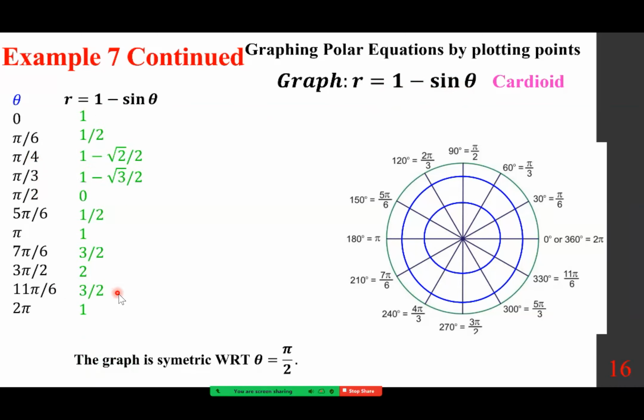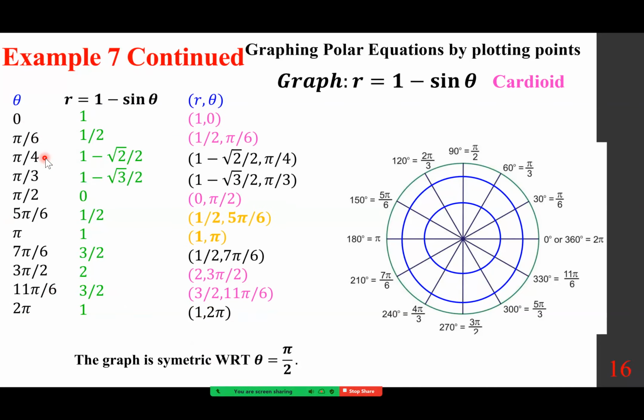And again, the reason I've chosen those is because those are all common arcs. Now we are going to write r comma theta. For example, this one is 1, 0. This one is 1/2, pi over 6. This one is 1 minus square root of 2 over 2, pi over 4, and so forth.